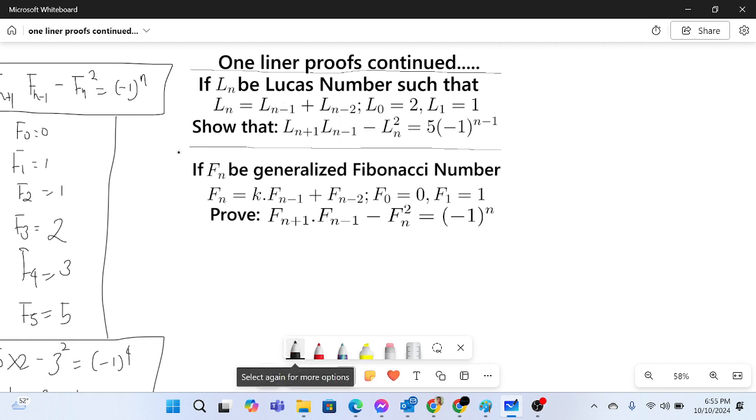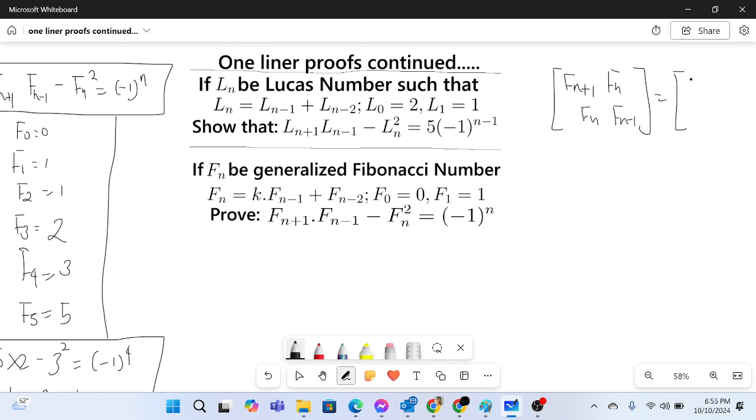In the previous video, it was pretty easy to grab this formula because we had a matrix representation for the Fibonacci number, right? F(n+1), f(n), f(n), f(n-1). We showed with induction that this is equal to [1, 1, 1, 0] to the power n.